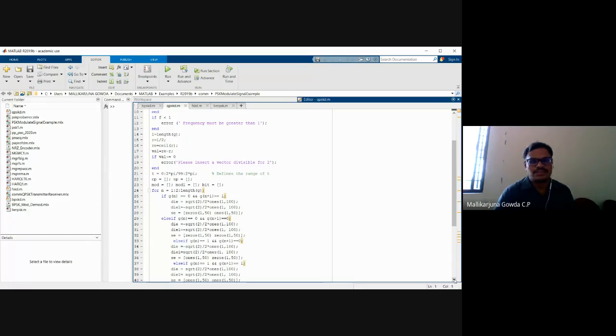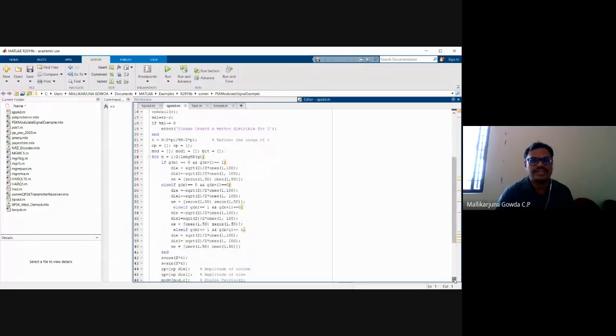It may start with 45 degree, then 135 degree, 225 degree, or 315 degree. Or I can have 0, 90, 180, and 180 plus 90, how much is it? 270 degree, right? Those things are defined here.